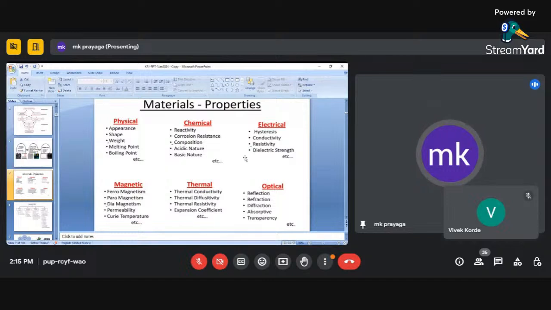Under physical, we take boiling point, melting point, shape, structures. Then chemical structures, acidic nature, composition, corrosion resistance. Then electrical properties, majorly electrical, which play a very crucial role for sensor properties. And of course, magnetic, thermal, optical.